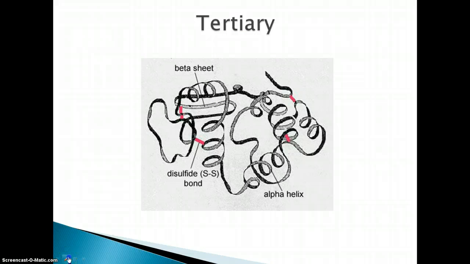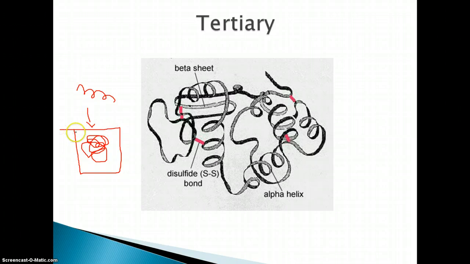Tertiary structures are when the coils start to fold on themselves. So here, let's say we have a coil. Well, what happens to this coil is that it coils onto itself, over and over, and just becomes chaotic. That's what a tertiary structure is.